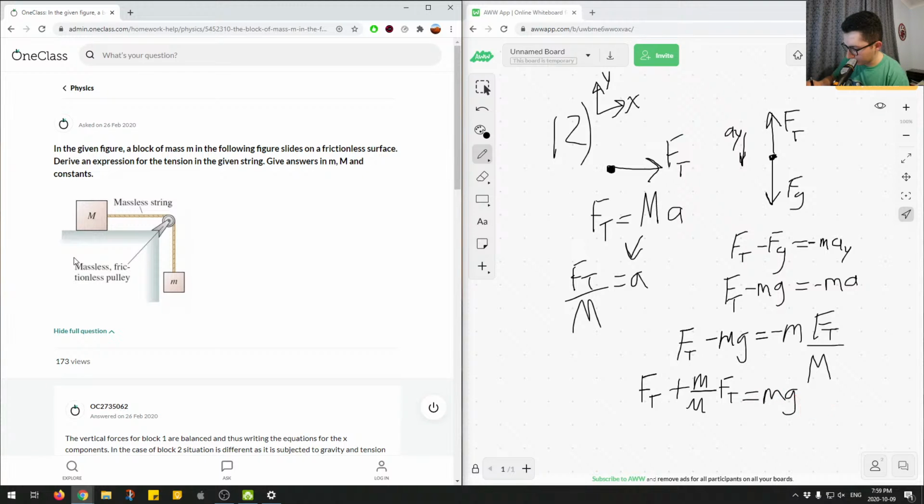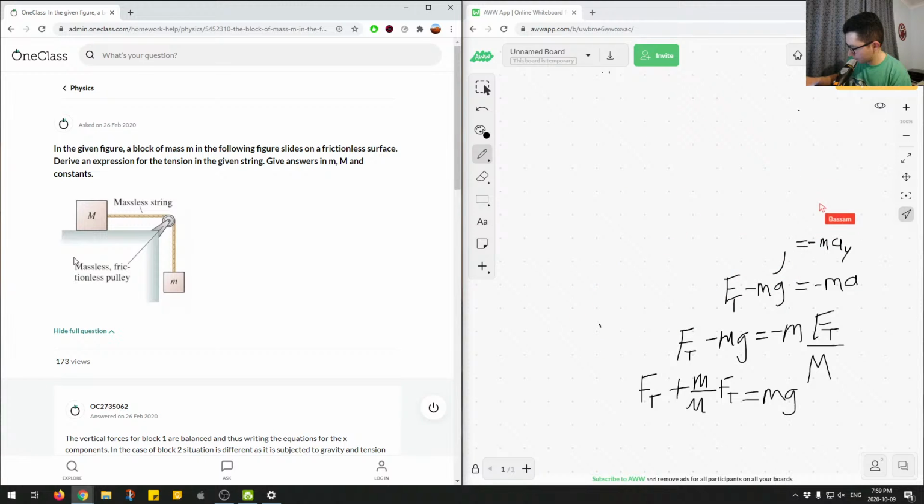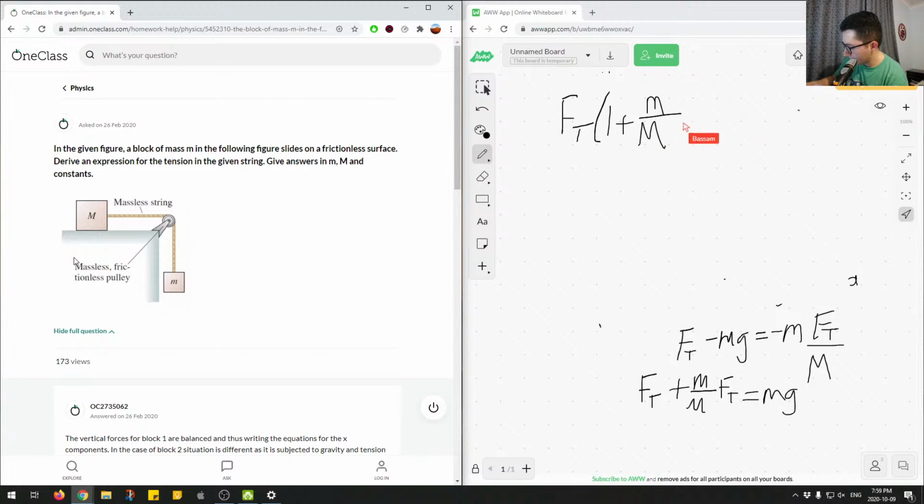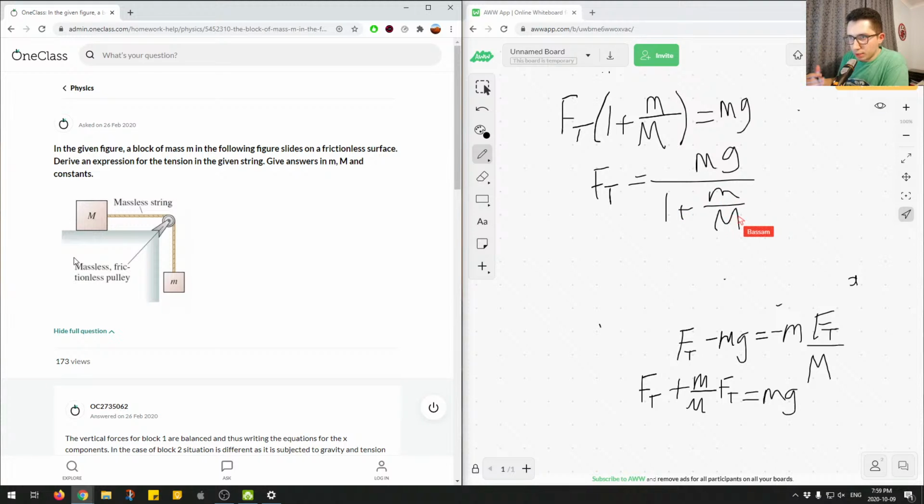So I'll erase the top part to make some space. So now we'll factor out Ft, that'll give us 1 plus lowercase m over capital M, which will equal mg. And now Ft will equal mass times gravity, so gravity is just 9.8 meters per second squared, over 1 plus m over M. So here we've essentially given our answer in m, lowercase m, capital M, and constants.